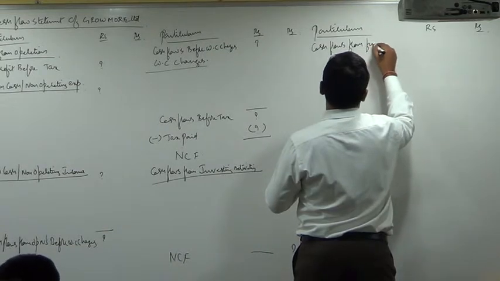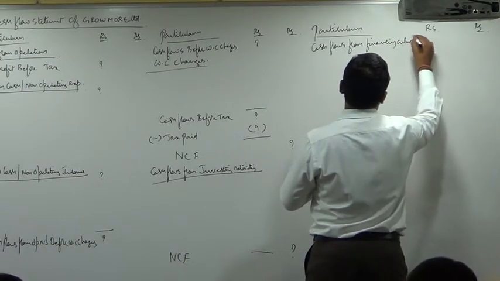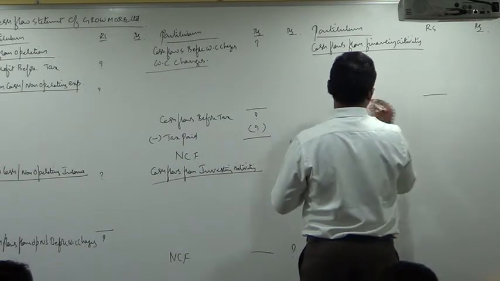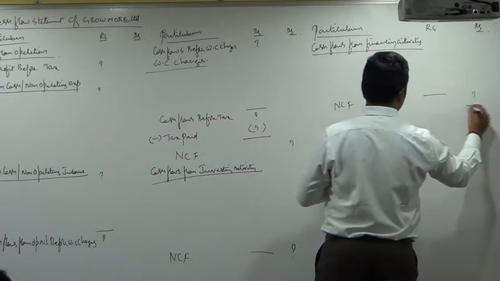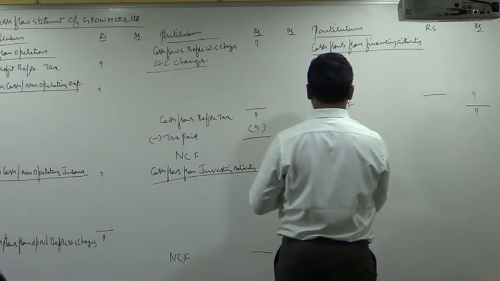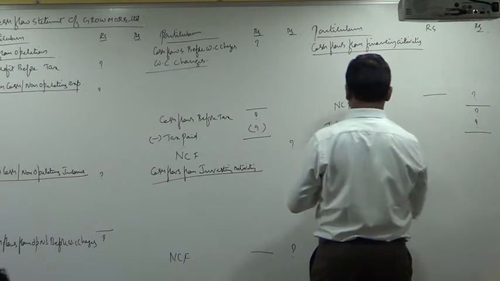Cash flows from financing activity. Net cash flows. Add. Then you will get total. Add opening. You will get closing.